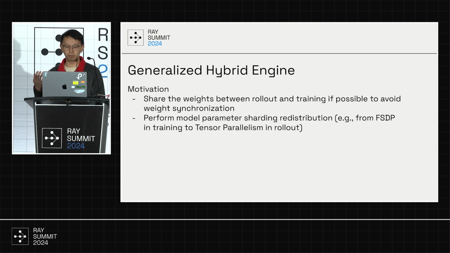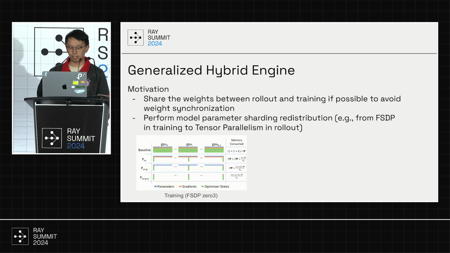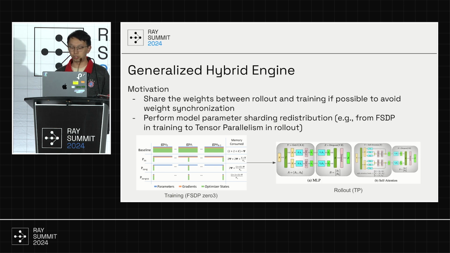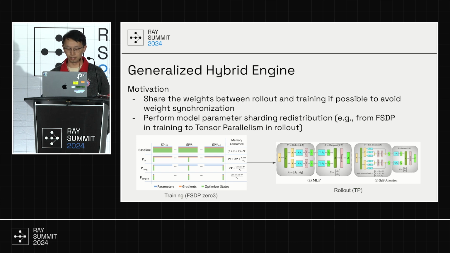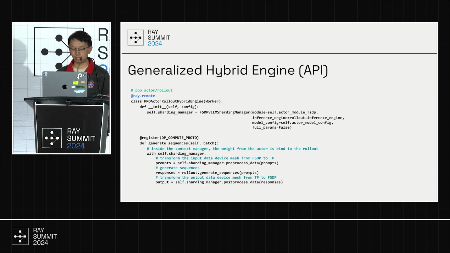So we want to perform model parameter resharding during the runtime. For example, if we're training using FSDP and we do rollout in vLLM, the parameters are sharded in TP. So there has to be a resharding process here, and we designed a very simple API for this.